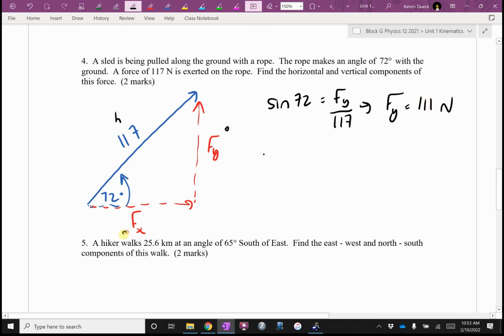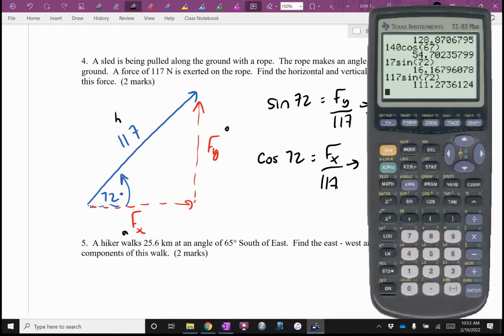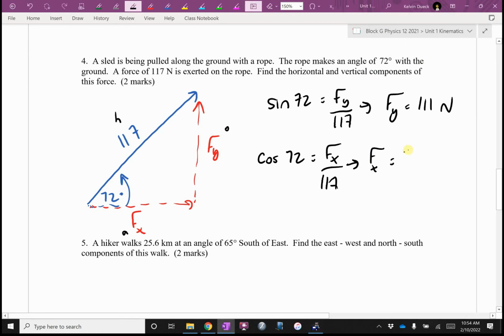And I think Fx is going to be, yes, of course it is, cosine. Could have just backspaced, Mr. Dewick. 36.15, so if I go to 3 sig figs, 36.2. 1 mark for each of those.